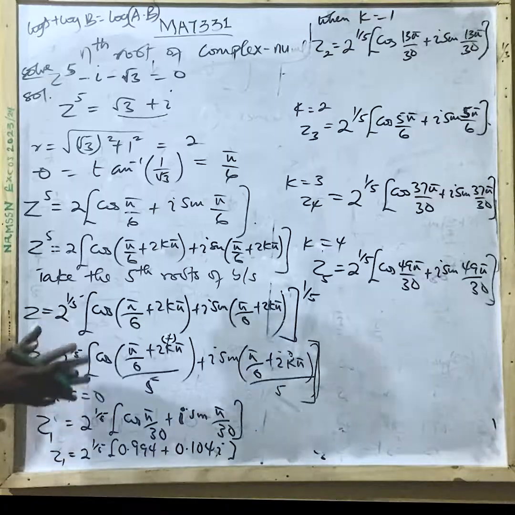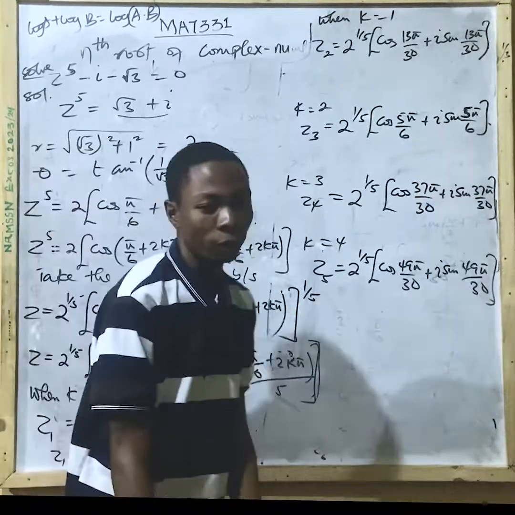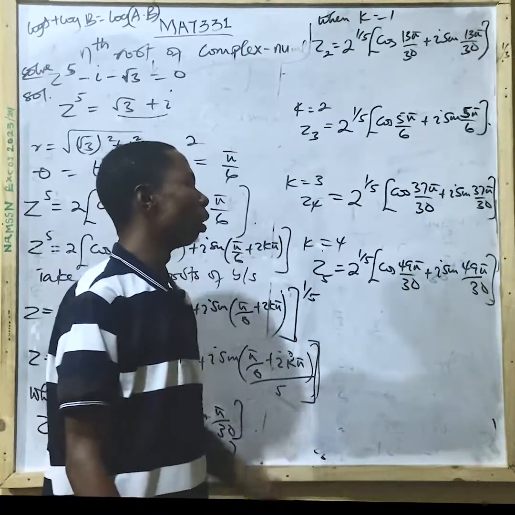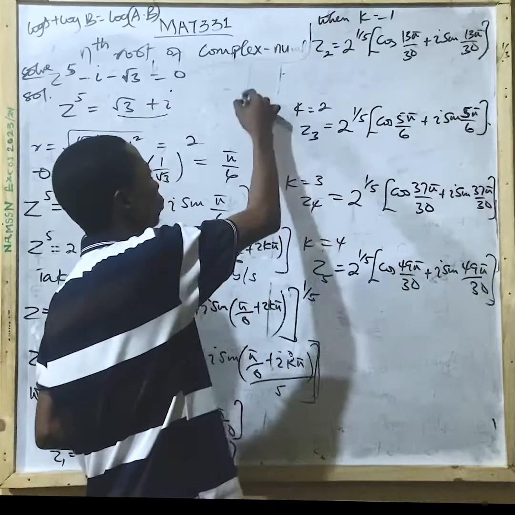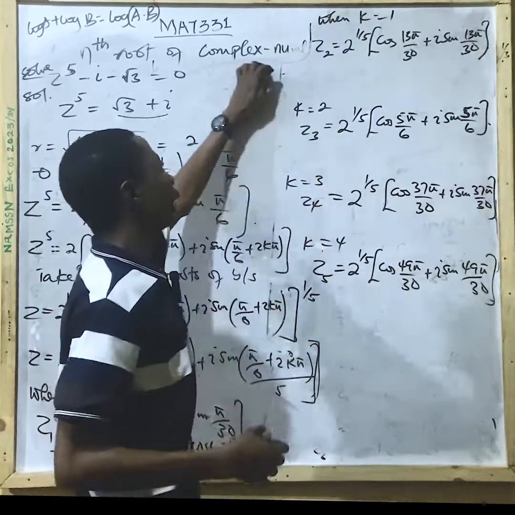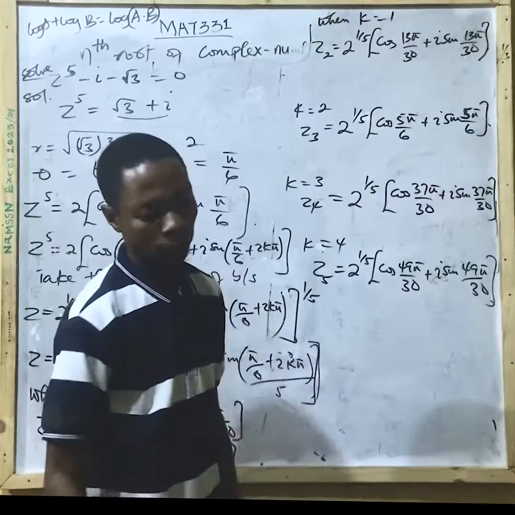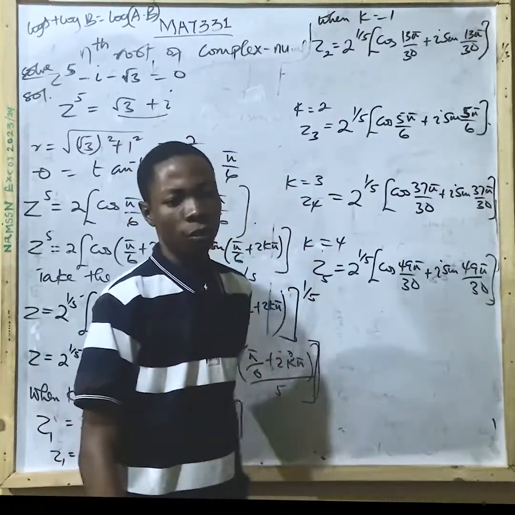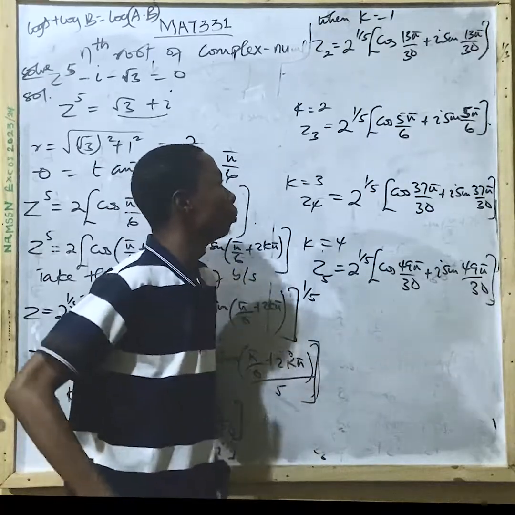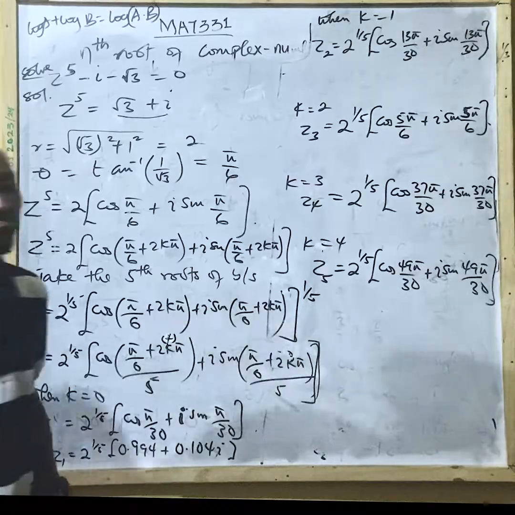So far we've talked about what a complex number is. We said a complex number is any number in the form a plus ib, and where that i comes from: it initially comes from the square root of -1. Then we discussed that a complex number can be in different forms: the rectangular form, z equals x plus iy, and the polar form, r cos theta plus i sin theta.